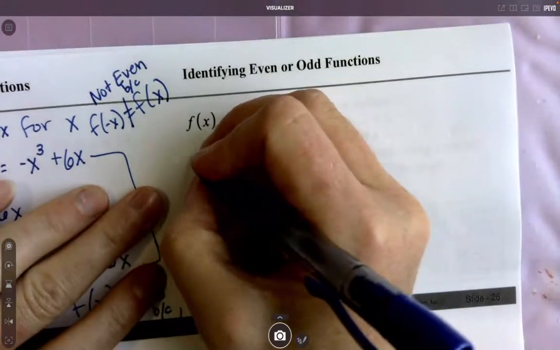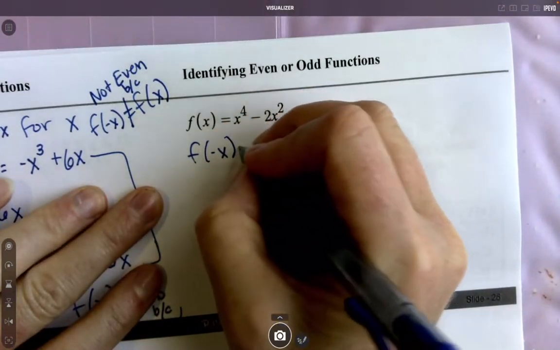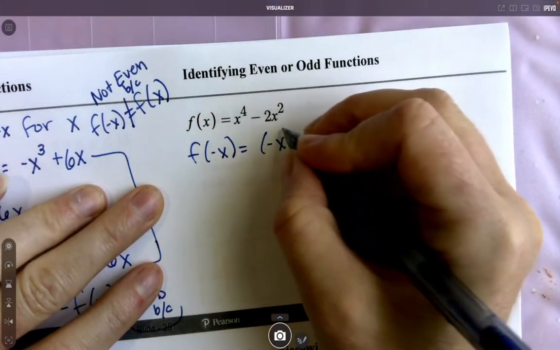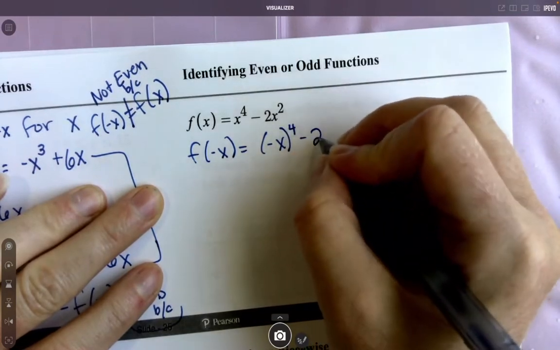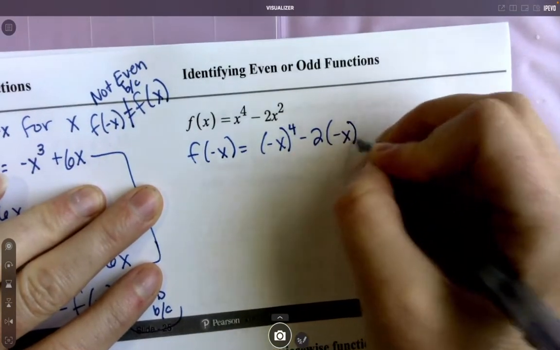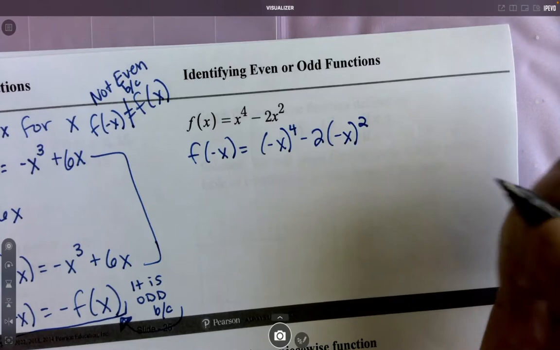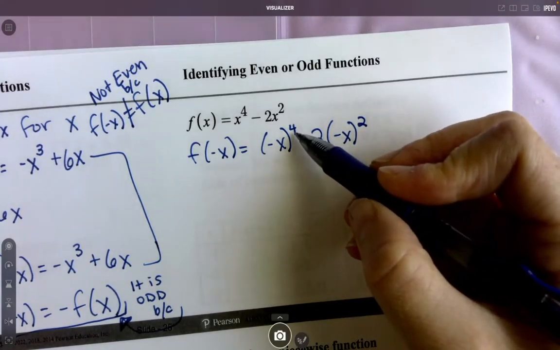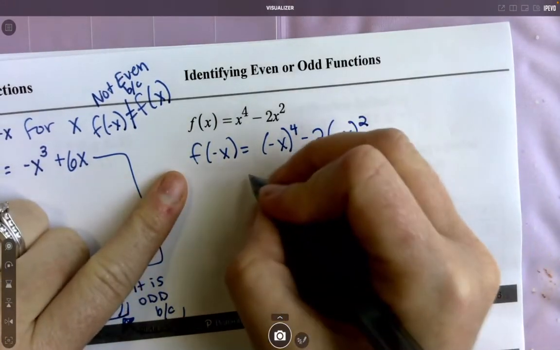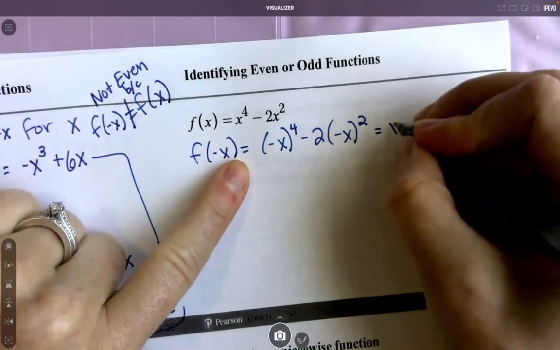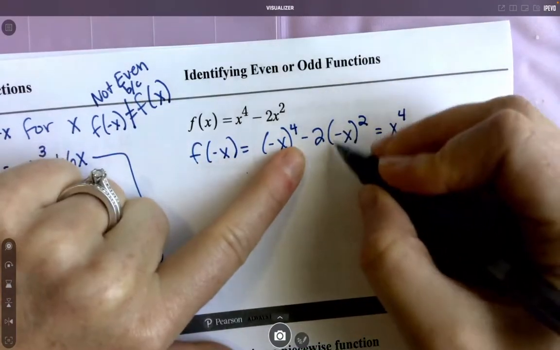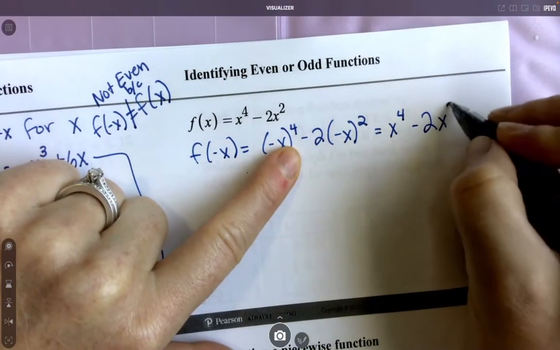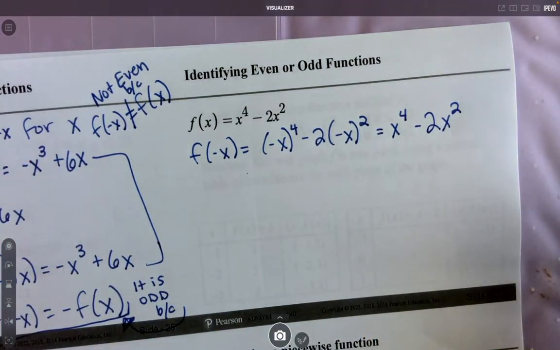Okay, so let's do this one. Let's do f of negative x here. So it'd be negative x to the fourth minus 2 times negative x squared. Whenever you raise to an even power, the negatives will cancel. So this is going to give us x to the fourth, and this is going to be positive 2x squared. So it's the exact same.